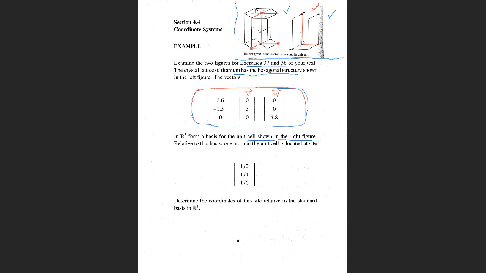And then the last vector u would have to be the remaining one. The vector u doesn't go up or down, but it goes forward 2.6 units and to the right negative 1.5 units. So that's going to be your u, sorry, u.